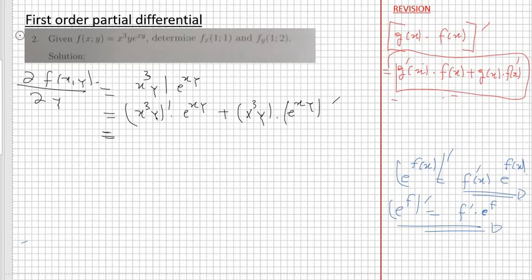So if we derive y, we get 1 multiplied by x to the power of 3 gives x to the power of 3, and then multiply by the term here, which is e^(xy), and then plus, we repeat this bracket because it doesn't have a dash symbol.